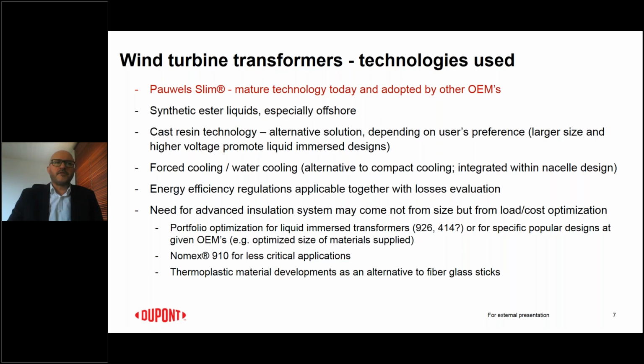Another range of the products could be related to the temperatures or to the designs, not focusing on the highest available temperatures allowed by the standards, but even finding the intermediate thermal class materials, which could be Nomex 910, which has got Nomex in the name, but this is really a cellulose paper enhanced with the aramid, or we could call it medium temperature class, and not for the extreme temperatures like the slim transformers are, but for the medium temperature designs for the optimized performance and the cost.